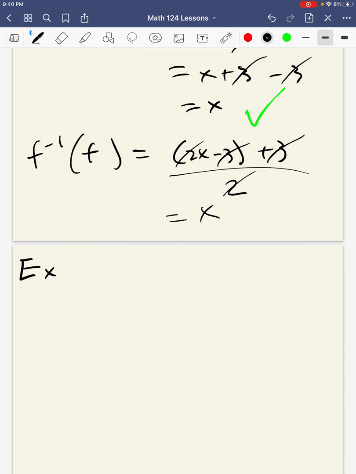Let's look at another example, say, let's see if I could think of an interesting example of domains.